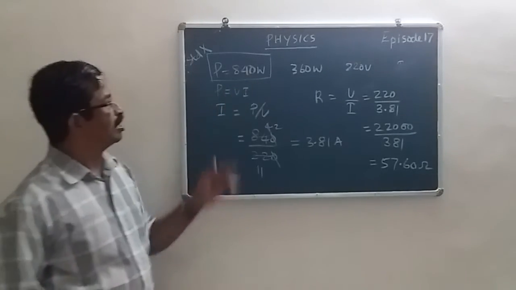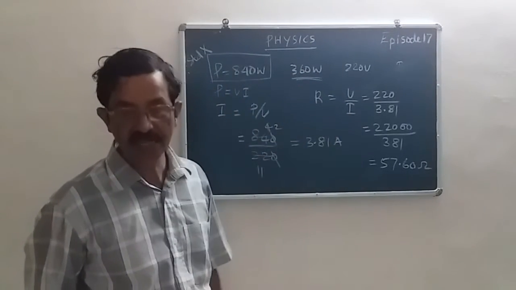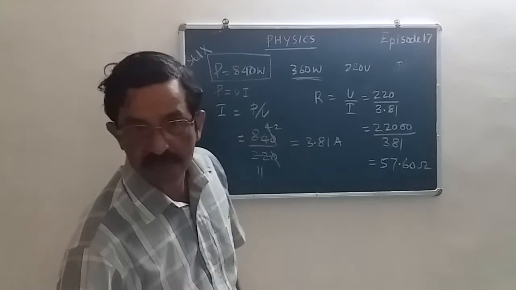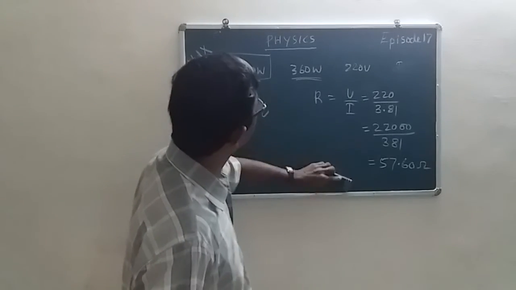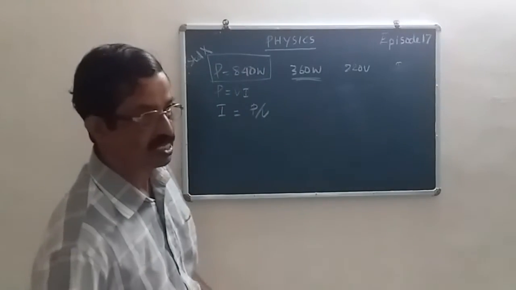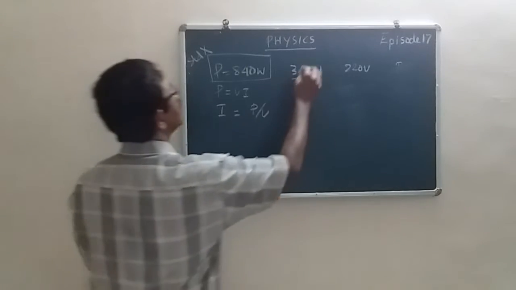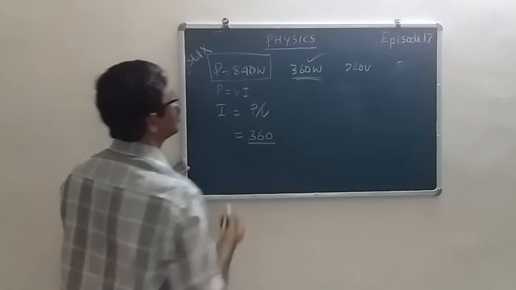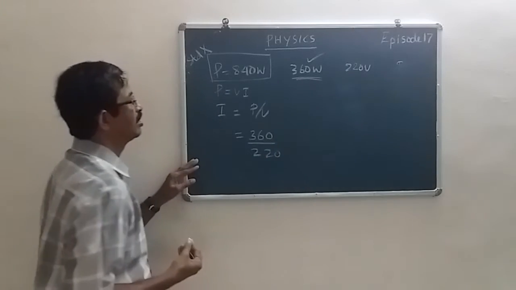Now we want to find the current and resistance when the appliance consumes minimum power. Again, for minimum power, I is equal to P by V. Here P is 360 and V is 220.